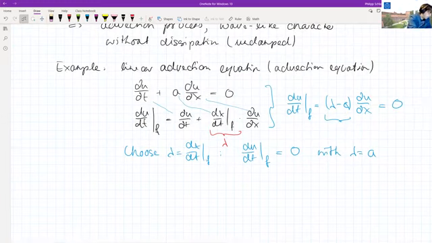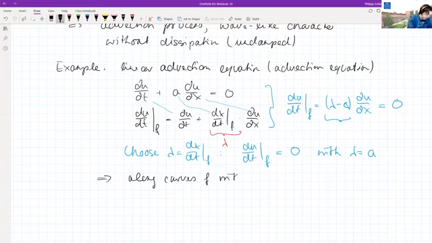So what that means for the actual solution is the following, namely that along curves f with lambda, dx/dt along f, being a, well, what does it mean?